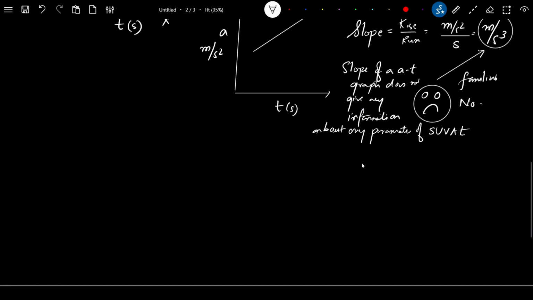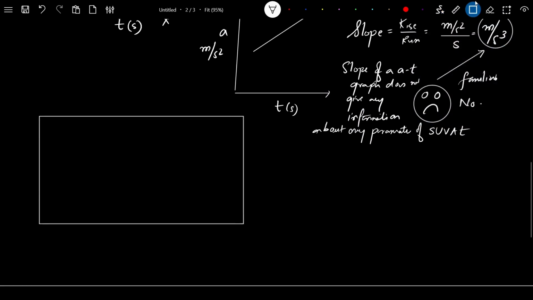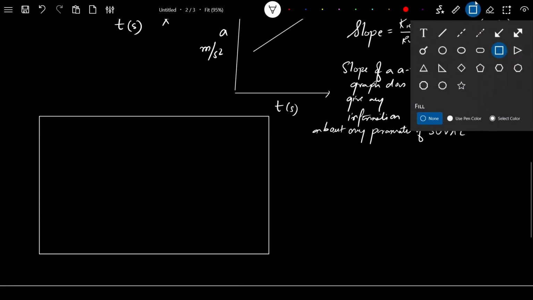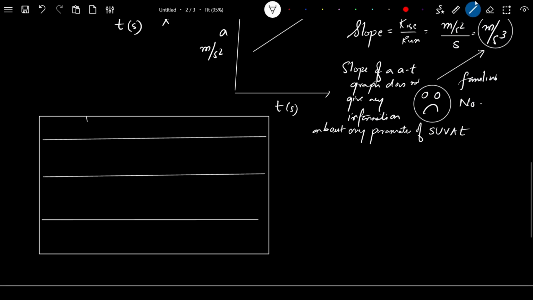So let me make a small matrix out here and see whether we have understood what we tried to discover. So this is my small matrix, and we have three types of graphs out here. This is graph number 1, row 1, row 2. Okay, so let me write the graph type, and let me write what the slope tells us, and what would be our remarks.